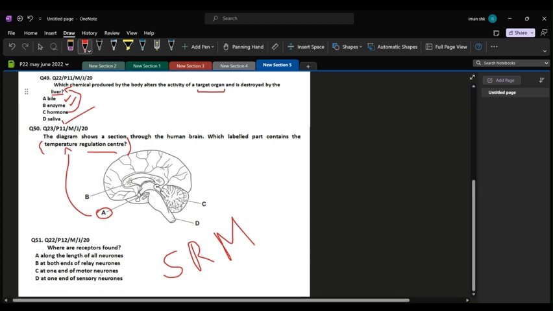But to remember, there's a very easy shortcut. Where do the impulses go from the receptors first? They go through the sensory neuron. So you have to remember that they're present at one end of the sensory neurons, and from there the impulses travel. It can't be motor neurons or relay neurons.